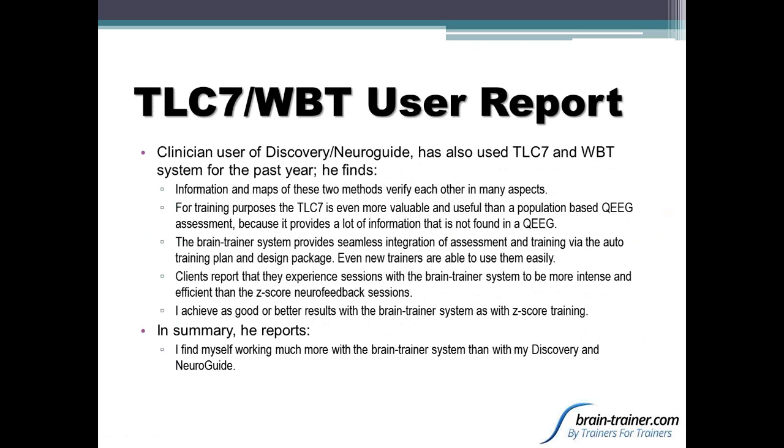The TLC doesn't include a lot of the small detail stuff that the Qejy does because it's not necessary for training. And for training purposes, he finds that it's more valuable and useful than the population-based Qejy because it has a lot of the things that are based on identifying those patterns which aren't found in a Qejy.